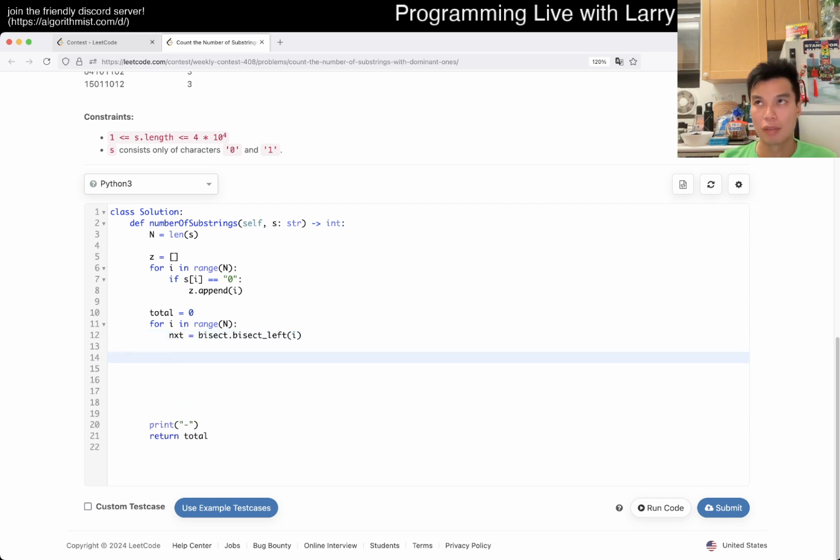And then now we want to go, okay, so that's 1 0, right? So total we add by next minus I, because that's just the number of ones we have.